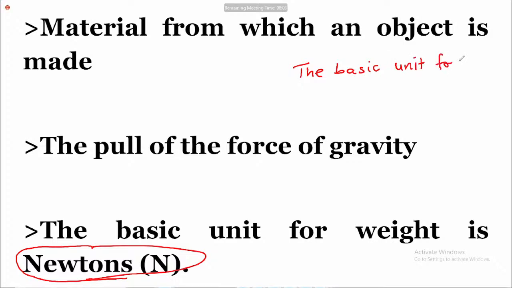In primary 7, we are going to learn how many newtons are in 1 kilogram.